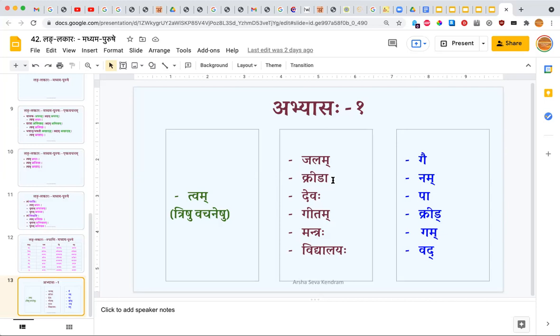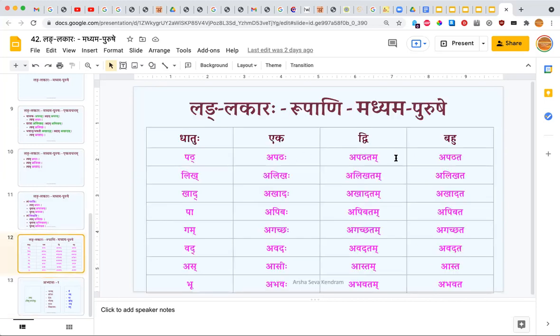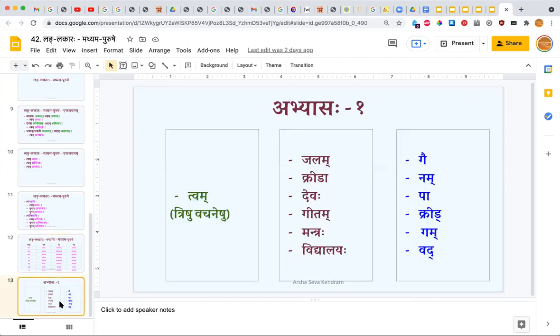Yuvam kridam akridatam. Yuyam kridam akridata. It's all just a hrasva, not the dirgha. Bhavani Mahoday, correct. Tritiyam.